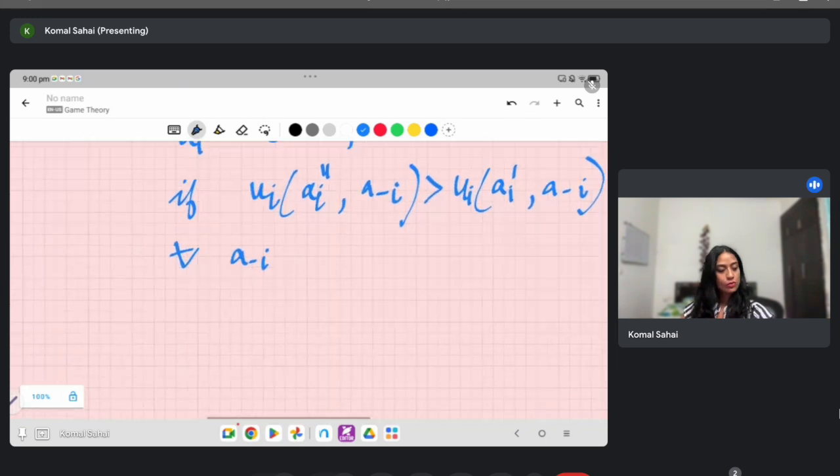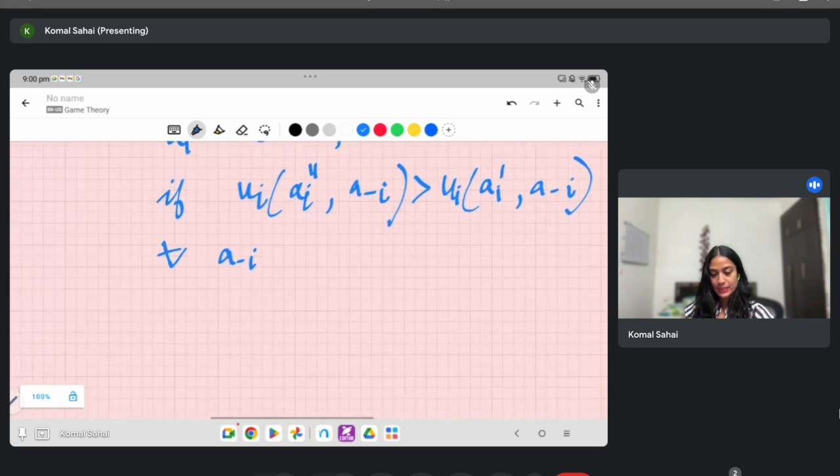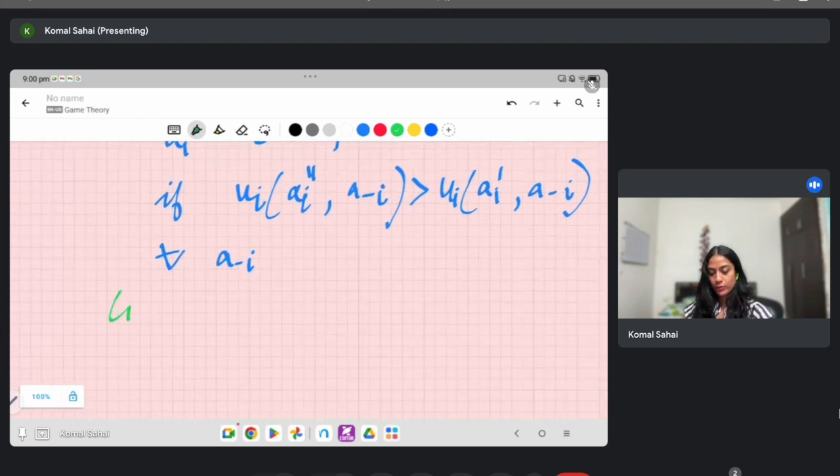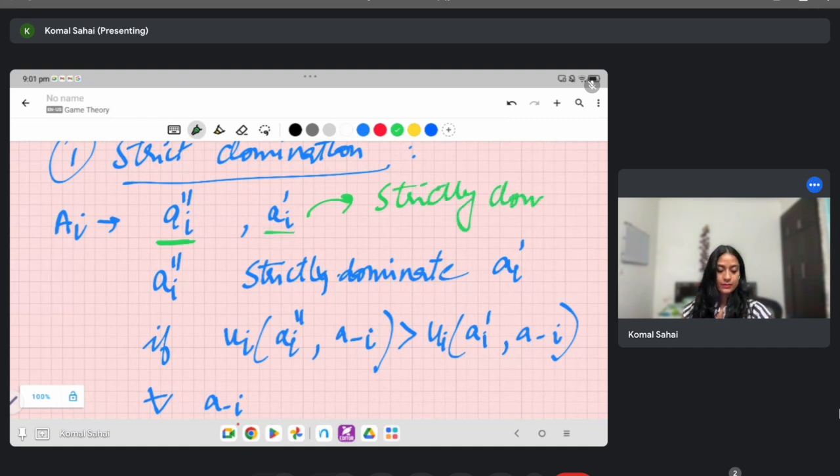Okay, so let me do an example. So what this essentially means is that, let me just write a corollary and then we will do an example. Corollary मतलब अभी तक हमने जो किया है उसका और ये strict domination का जो concept है उसका एक side result है. वो ये है कि अगर देखो इस केस में you have your AI double prime. AI double prime strictly dominates AI prime. So AI prime is called strictly dominated.